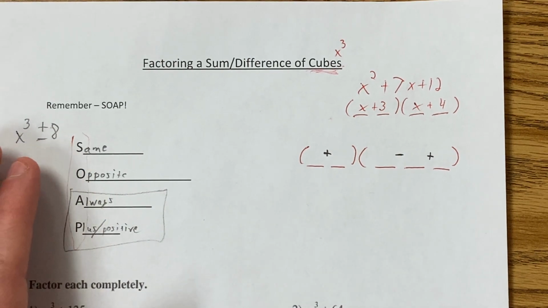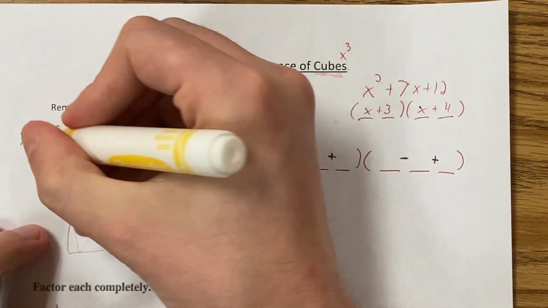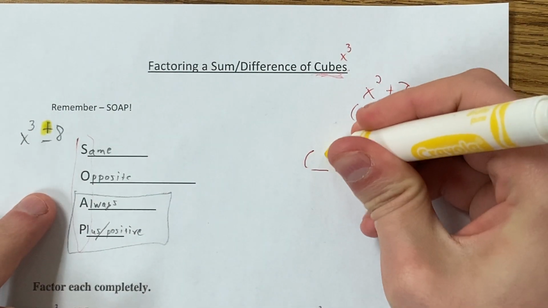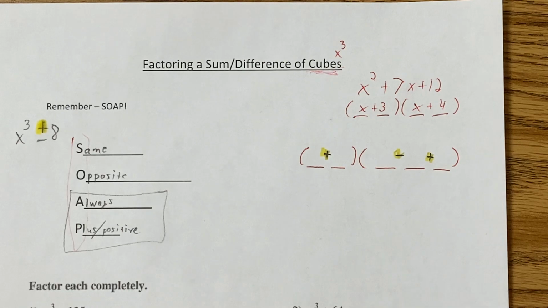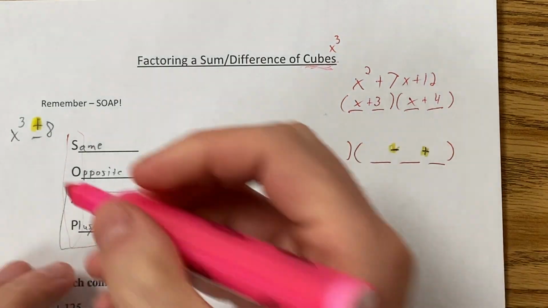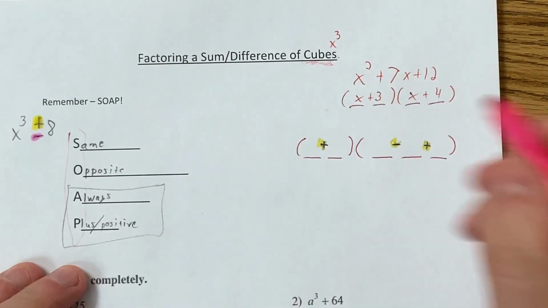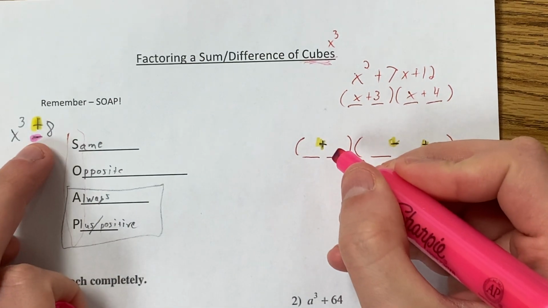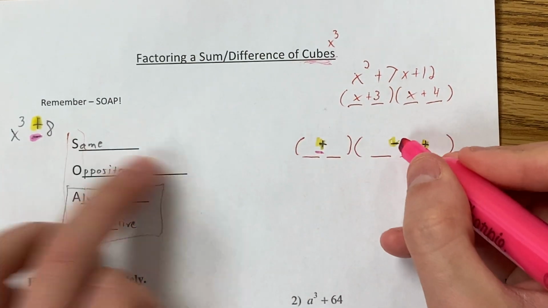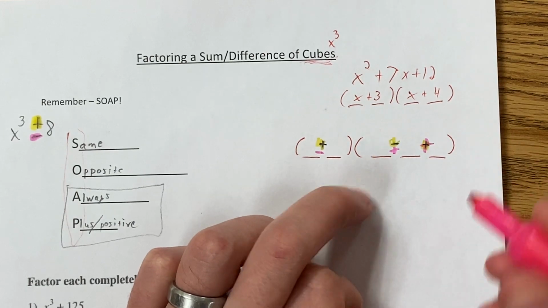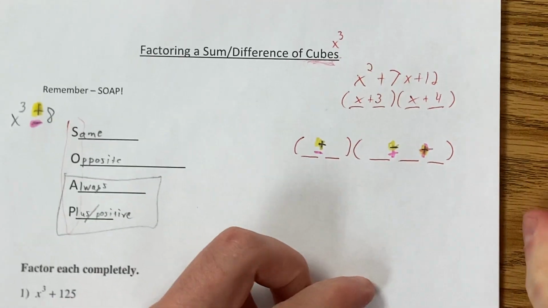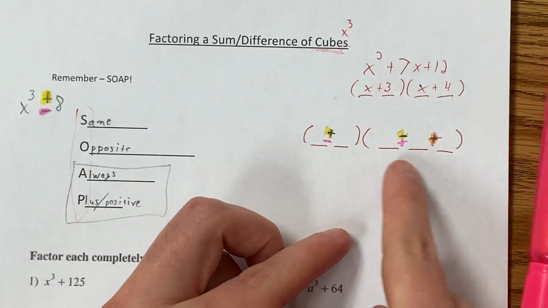So if it was a plus sign, the signs will be a plus, a minus, and a plus. Whereas if it was a minus sign, then this would be the same sign, this would be the opposite sign, so this is actually a plus now. And then it's always positive there. And that is how SOAP works. It is the signs that are going on.